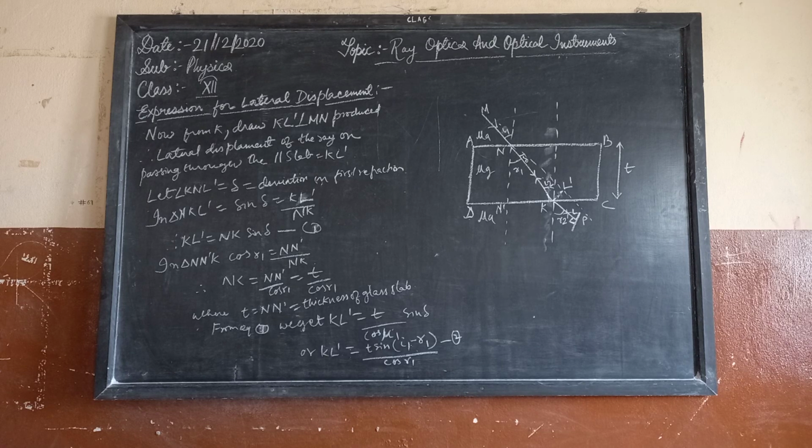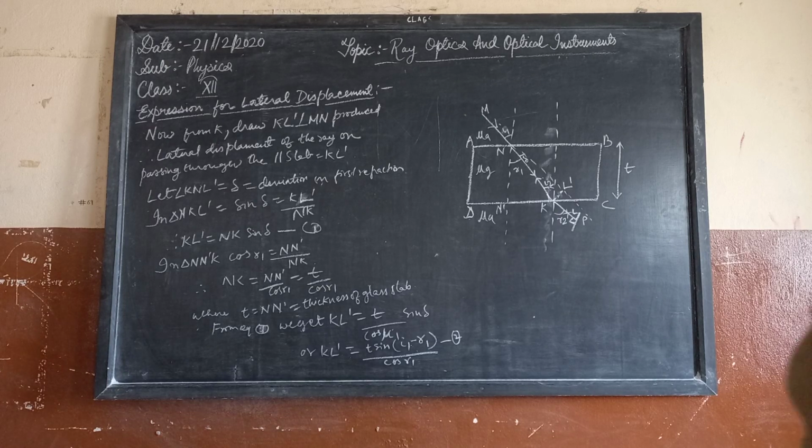Further, the lateral displacement or shift will increase with the increasing angle of incidence, that is i1 itself. So this is how these angles are made, and this is how the expression of the lateral displacement is derived by me on the board, and I explained it to you.